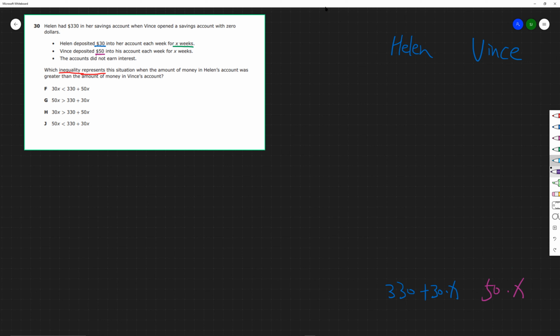The last question is, which inequality? We want an inequality to represent when Helen's account was greater than Vince's account. So Helen has a greater balance than Vince.